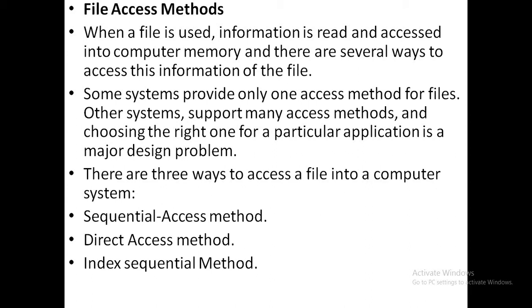Some systems provide only one access method for files, and other systems support many access methods, and choosing the right one for a particular application is a major design problem. There are generally three ways, as I have told you: sequential access method, direct access method, and indexed sequential method. So we will discuss them one by one.